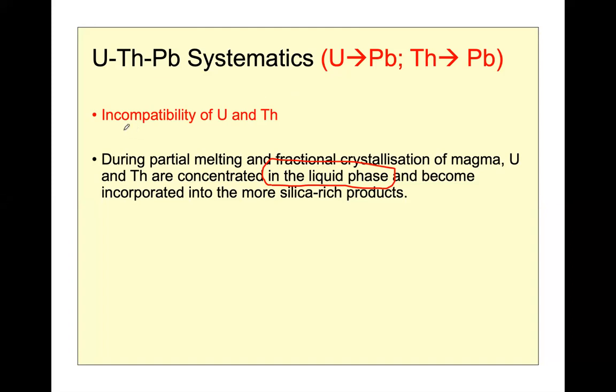During fractionation, partial melting, or fractional crystallization, which are the two main processes happening in the Earth's interior, uranium and thorium are incompatible, right? So they prefer the liquid phase, and the majority of the budget of uranium and thorium is incorporated in the melt.